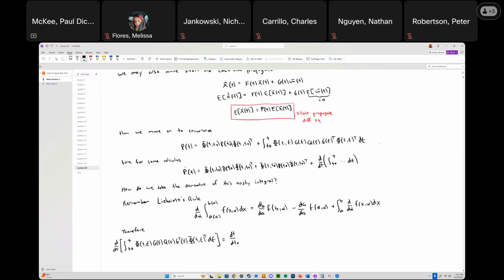So we would write this as phi from t to t, g of t, q of t, g of t transpose, and then phi from t to t transpose. Okay.